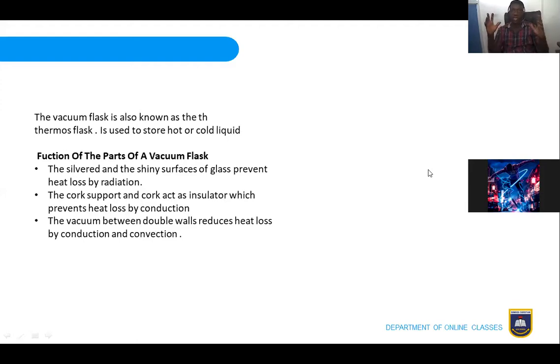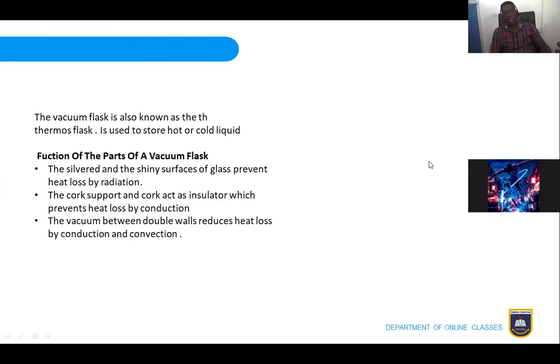We don't want any temperature loss, or even if there will be a temperature loss, it must take a very long period of time before the water cools, if you pour hot water inside. So to maintain this, we use a shiny silver surface inside to reflect the heat back into the internal part of the vacuum flask. It doesn't allow the heat to penetrate through it easily.